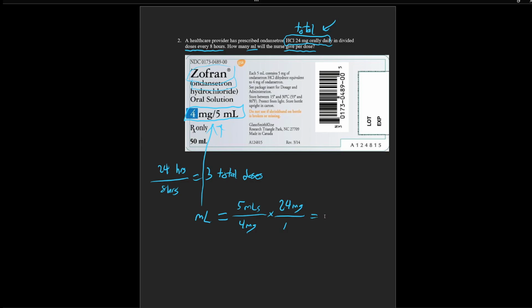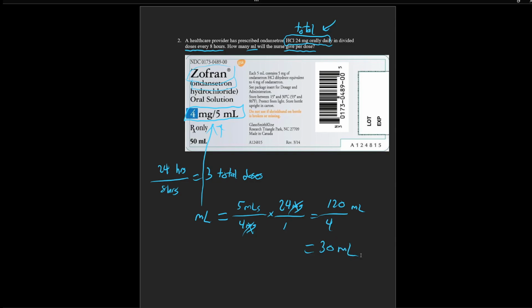And that's going to be equal to, let me grab my nifty little calculator, 5 times 24 is 120. That's going to be divided by 4. And again, these have been canceled out, as we know. We have our milliliters at the end. 120 divided by 4 equals 30 mils.